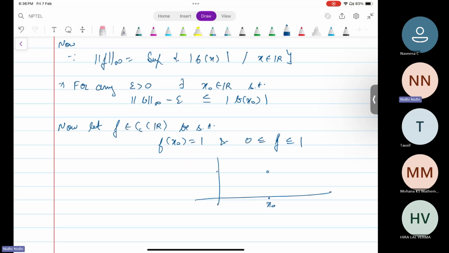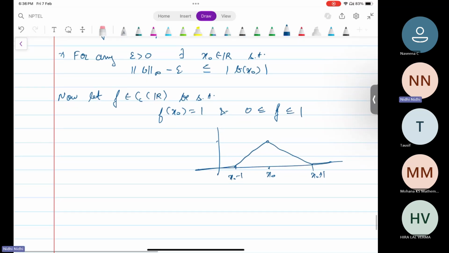All I need is that it should be continuous and it should have compact support. Suppose this is x naught minus 1, x naught plus 1. If I make some function like this, which is basically straight lines and 0 outside, this will satisfy our conditions.